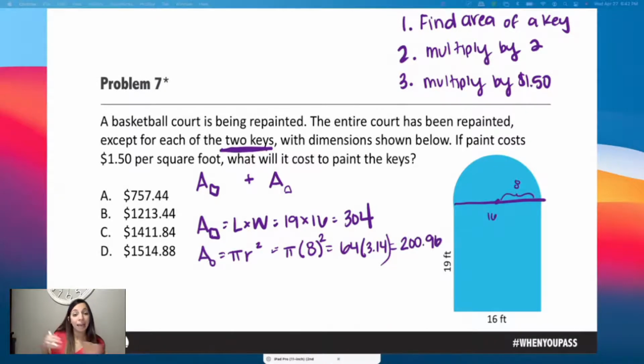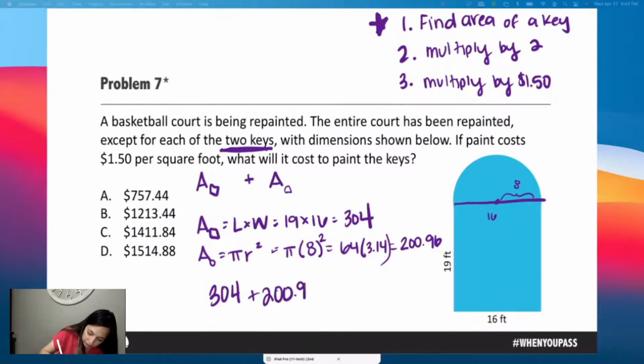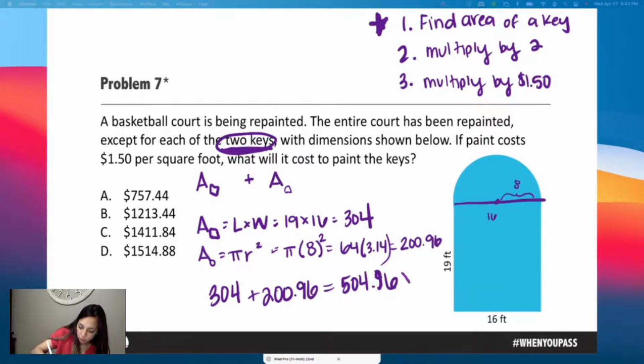Now I'm going to add those two numbers together, which is going to give me the area of this key. So 304 plus 200.96 equals 504.96. That's the area of one key. But we just decided that there's two of them. So I'm going to multiply that times 2.